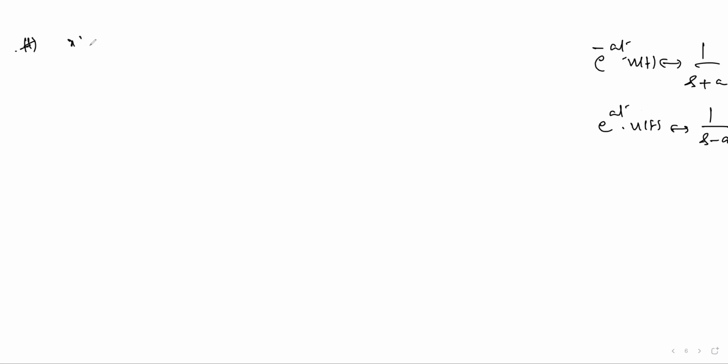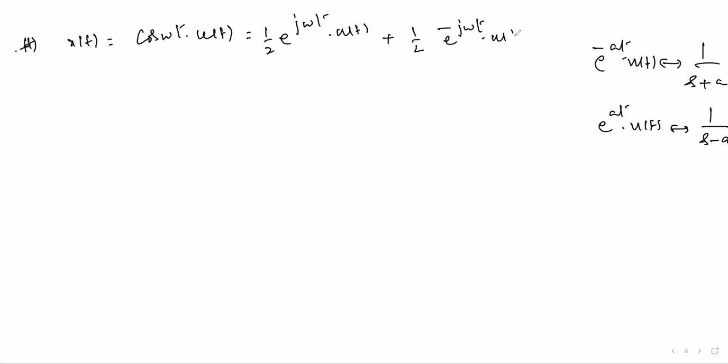So if x of t is cos omega t u of t, we can write it as e to the power of j omega t u of t by 2 plus 1 by 2 e to the power of minus j omega t u of t. Then Laplace transform on both sides, what will you get? Here a value is just j omega.